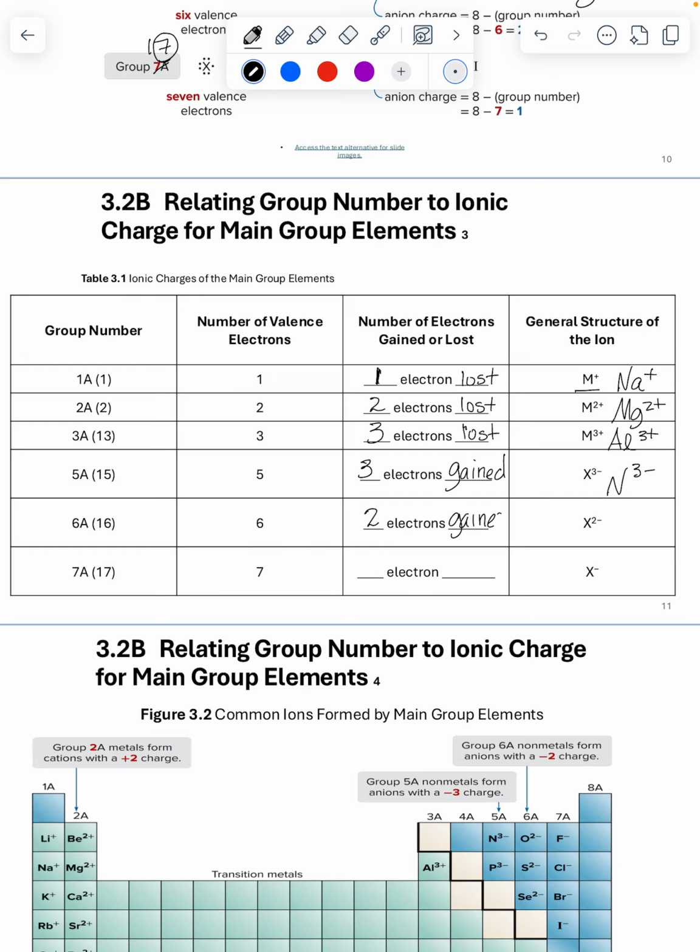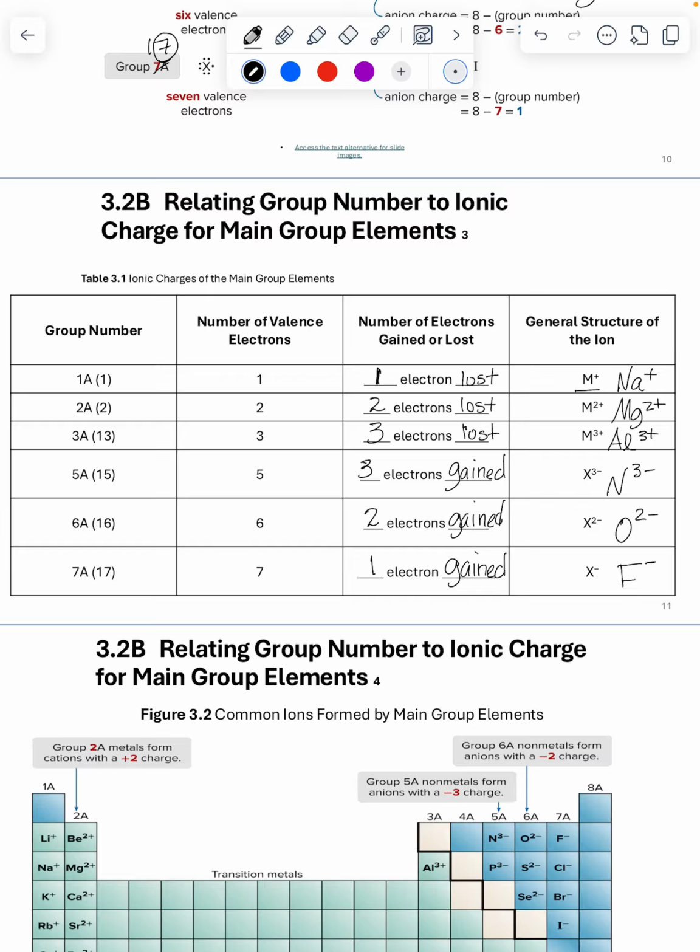So oxygen would be an example of this. And then we have group 17. And in group 17 we have 7 valence electrons, so 1 electron needs to be gained to get to that number 8. And we write the chemical symbol and a negative sign. And again, you don't have to put the 1, it's an understood 1. So just the symbol and the name.